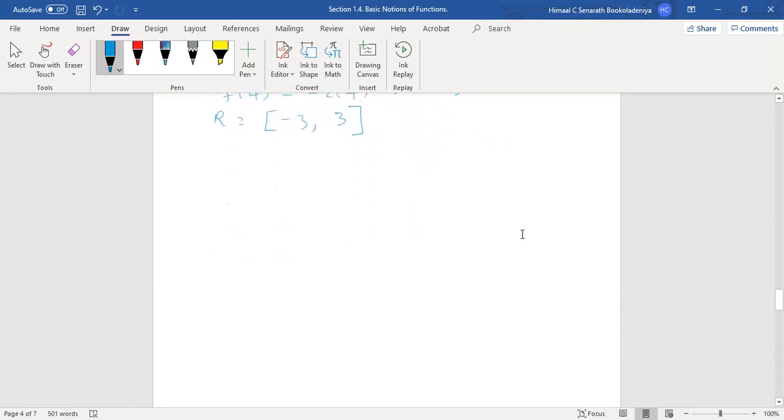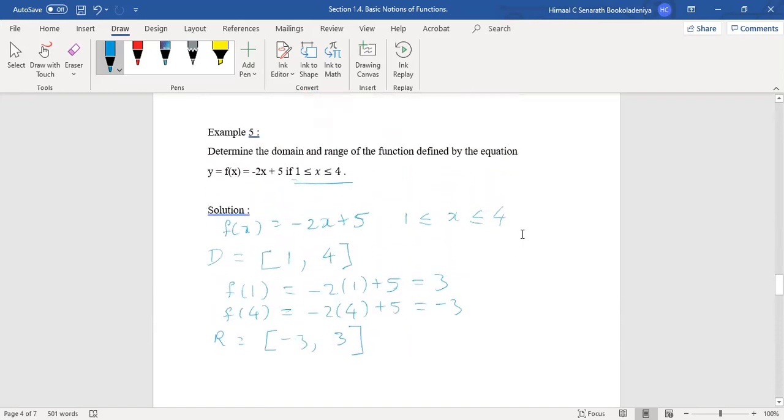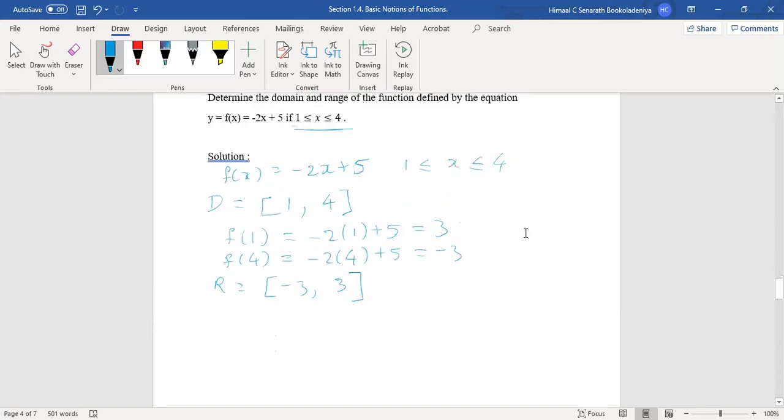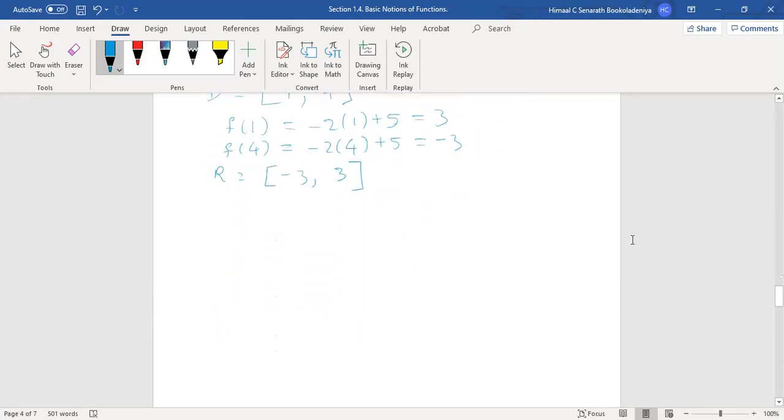I'm going to explain that using the graph too. Now, from what we learned about the equation of straight lines, we can say this is x and y.